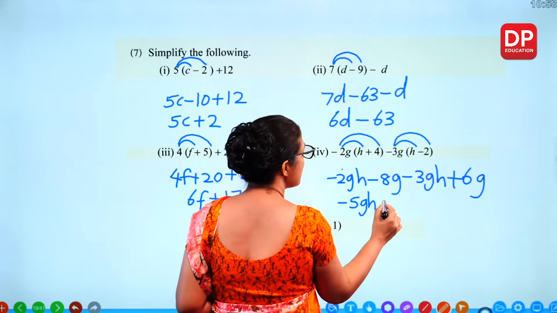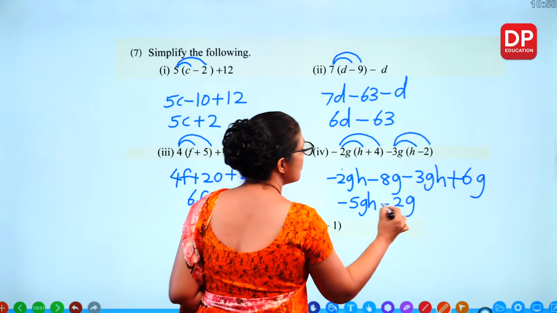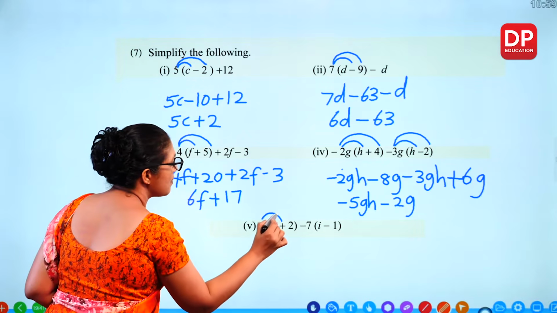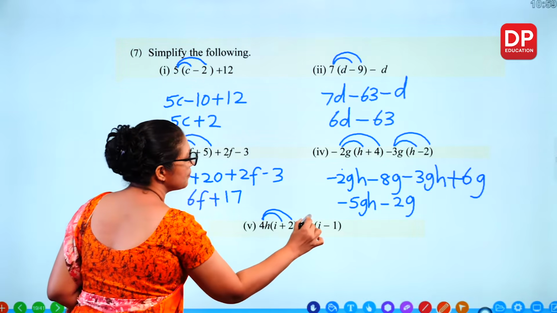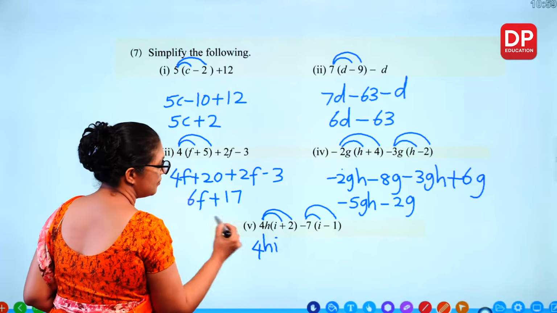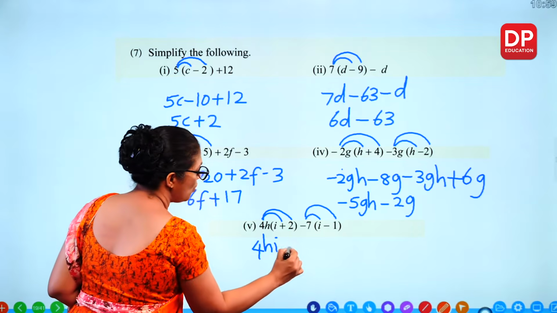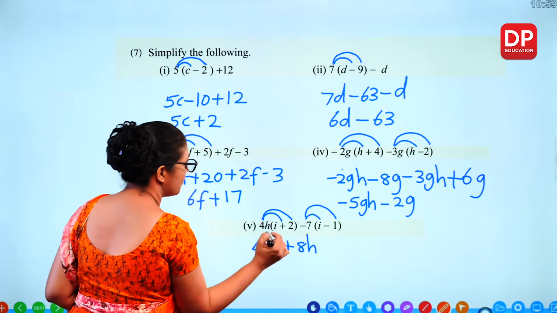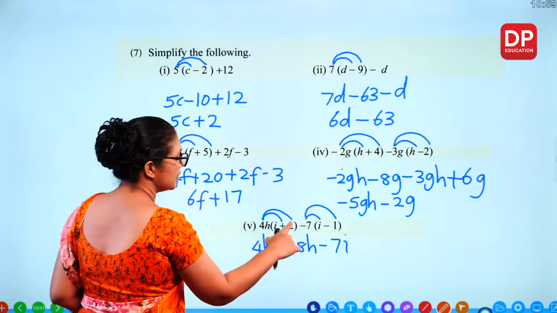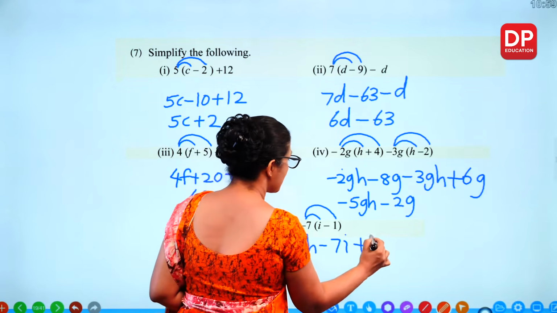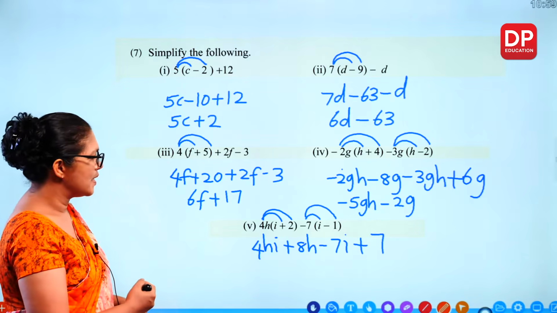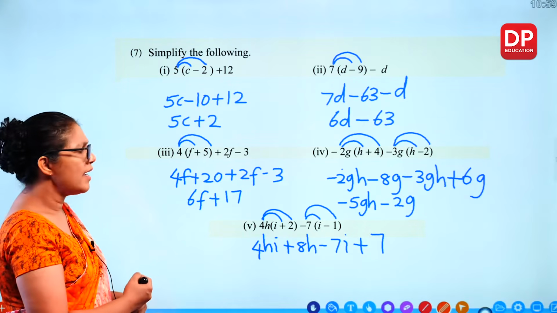Minus 8g and plus 6g you get minus 2g. This one multiply. 4hi. 4 times 2, 8h. Minus 7i. Minus minus plus 7. Are there any like terms? No, you can't simplify further.